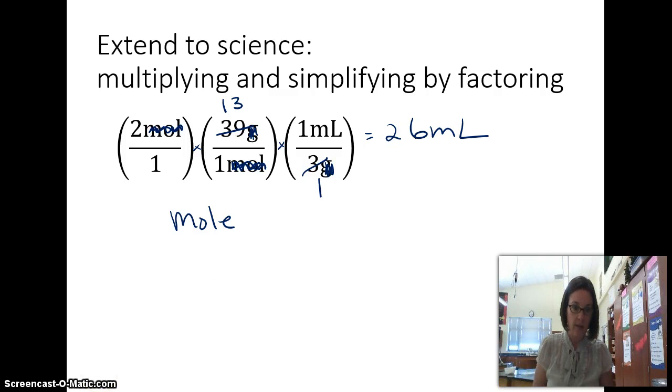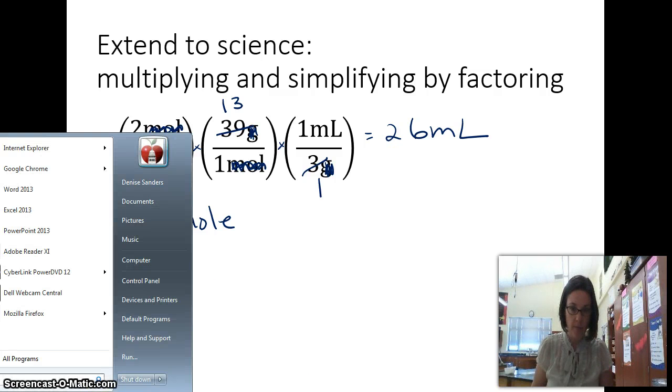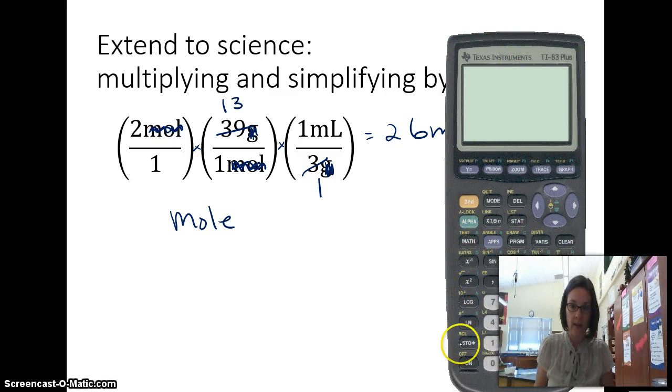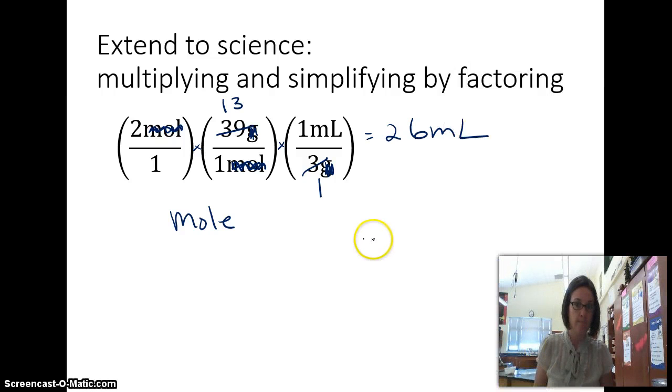The other thing I could do is pull up my calculator if I didn't want to simplify all of that, and I could turn on my calculator. There we go. And I could do 2 times 39 divided by 3. And I would get 26.